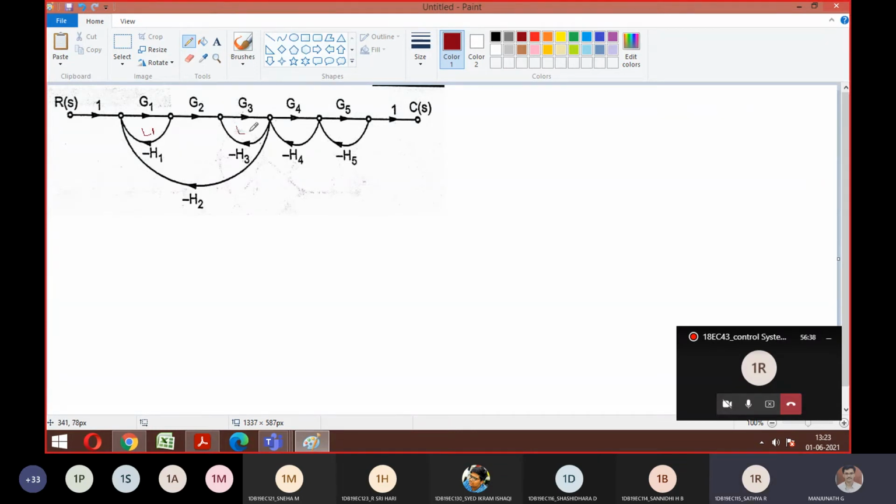Yes, sir. Okay. See, I told you marking is left to you. L1, L2, L3, inner loop first, then outer loop, then followed by the outermost, 4 and 5. See, on what basis we did it, I just told you. Between this node to this node, we have 3 different loops. So I consider L1, L2 inner loop first, followed by outer loop.